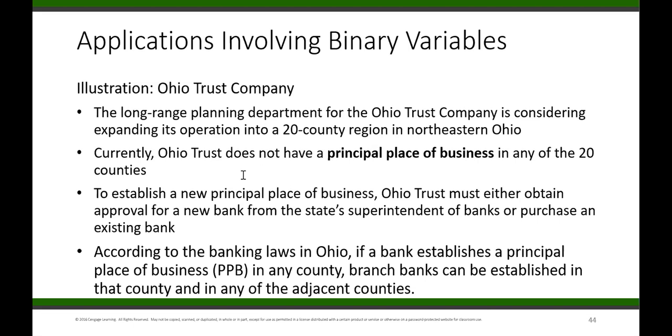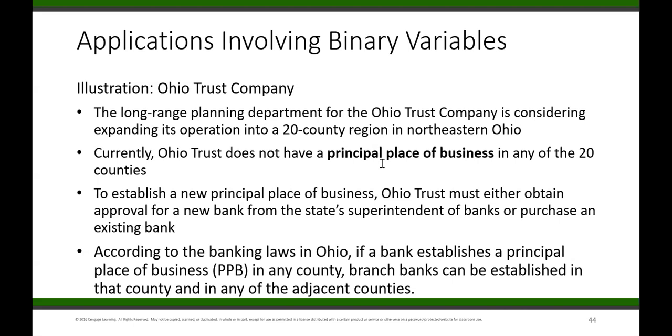The decision they have to make is where in this region they want to open new principal places of business. Currently they don't have any principal place of business in any of these 20 counties.